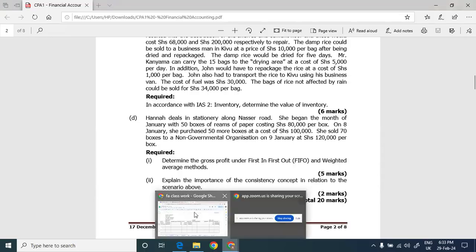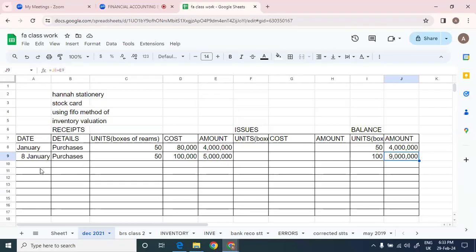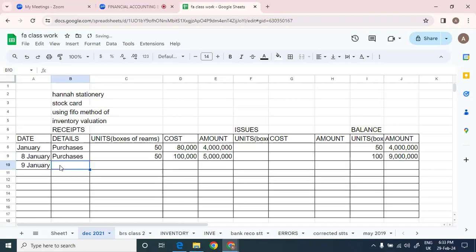So I will come here, I write on 9th of January, I come here, I show issues. Under receipts, I don't put anything. I come under issues. I have my 70.